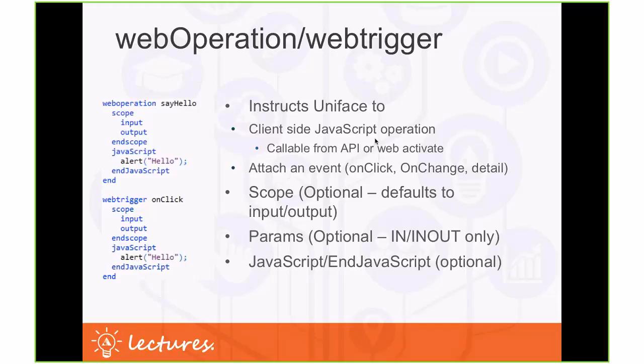But what it does allow is for a dedicated JavaScript developer to develop these functions and operations externally to Uniface if that's what he wishes to do, so use the tools which he's used to using elsewhere. But in the end, the same information, whether it's created from within Uniface or externally, all goes into files transmitted to the client and then is called at the relevant time.